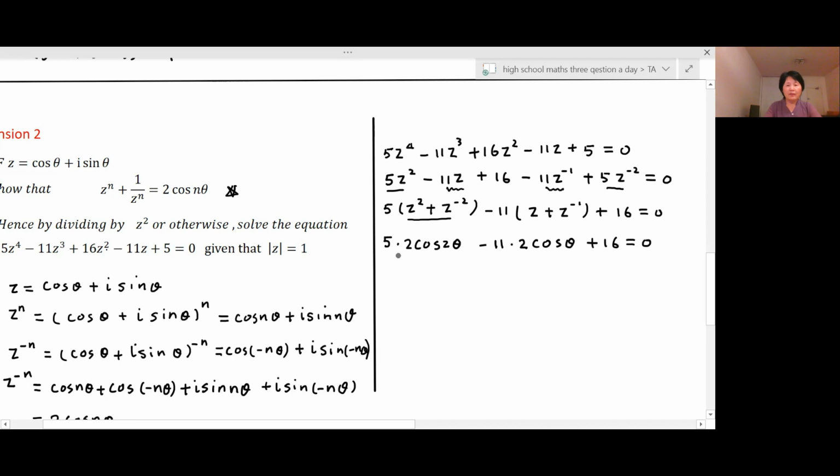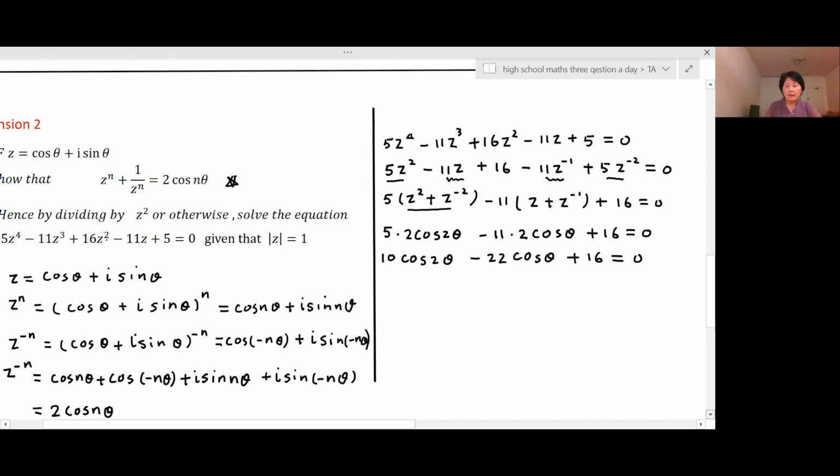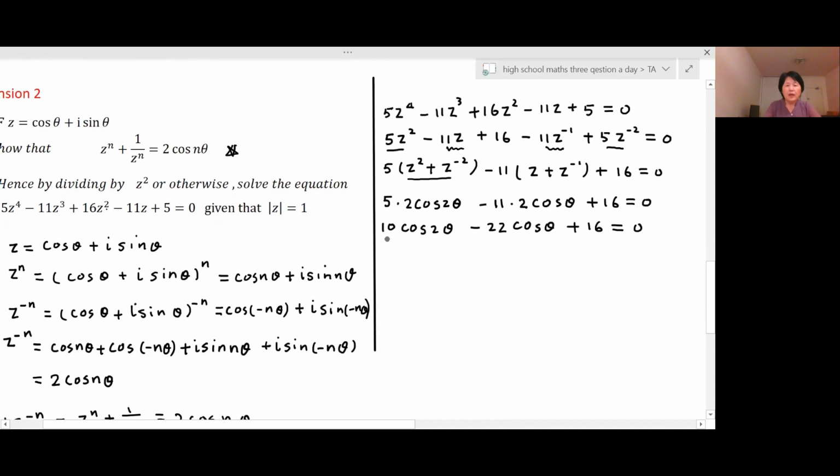Okay, so now 5 times 2 will be 10. 10 cosine 2 theta minus 22 cosine theta plus the 16 equal to 0. Okay, so next one, 10 is still here.